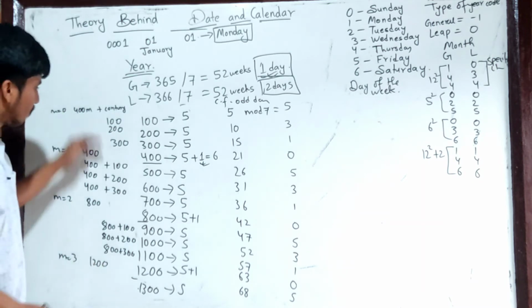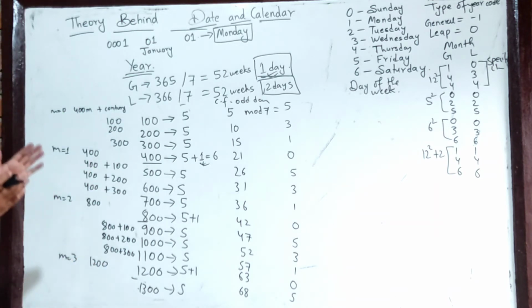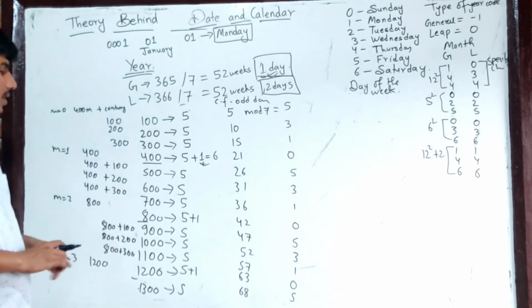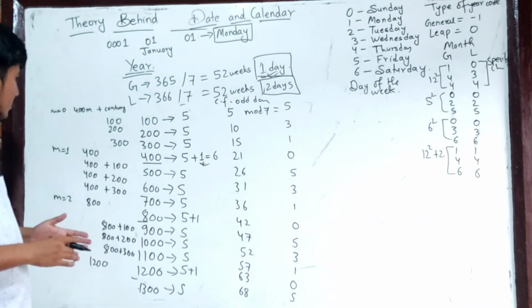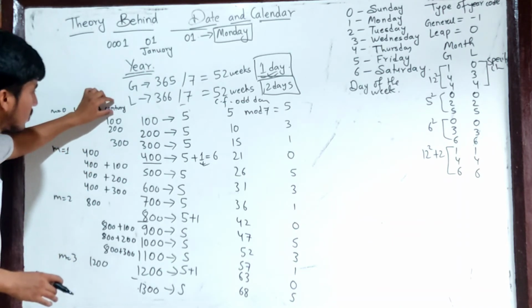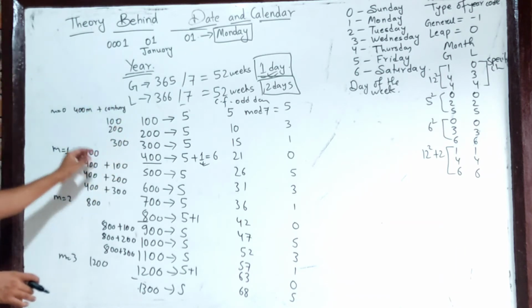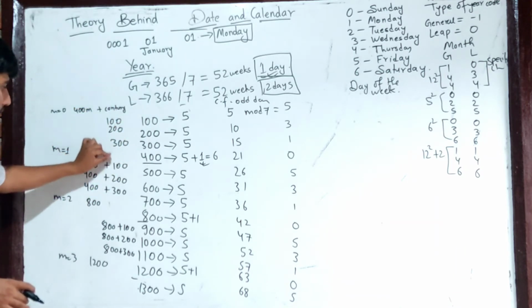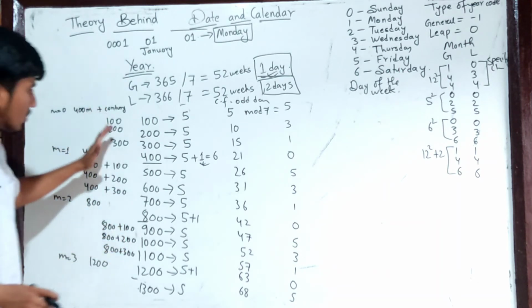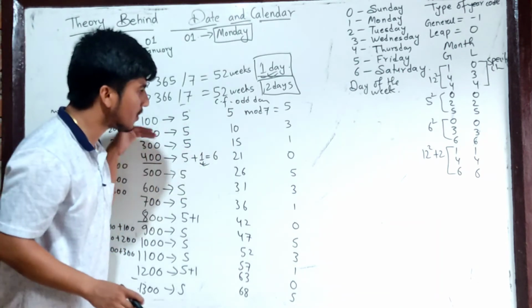Now if we look at the pattern here, we can divide any number of century years into 400m plus something, where the remaining century years are only 100, 200, 300, 100, 200, 300, 100, 200, 300, right? For 100, 200, 300, let's see their specific codes here.